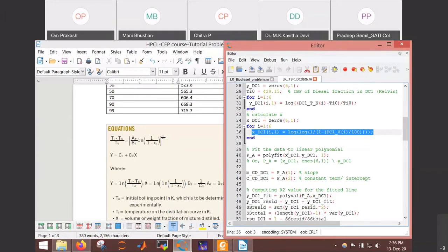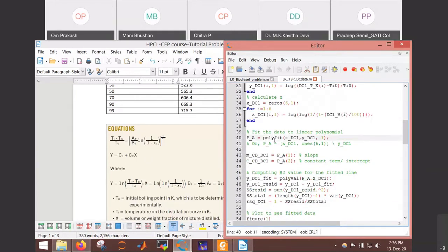So we can use a command from Octave, polyfit, and it will give us the coefficients C1 and C2 directly. In the earlier problem we did it manually: we first included a column of ones for C1 and then C2, and then used that formula to calculate it. But you can directly find that using this function polyfit.